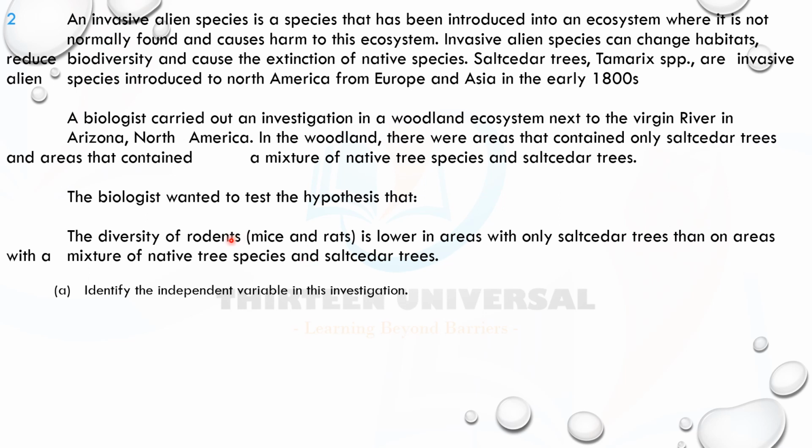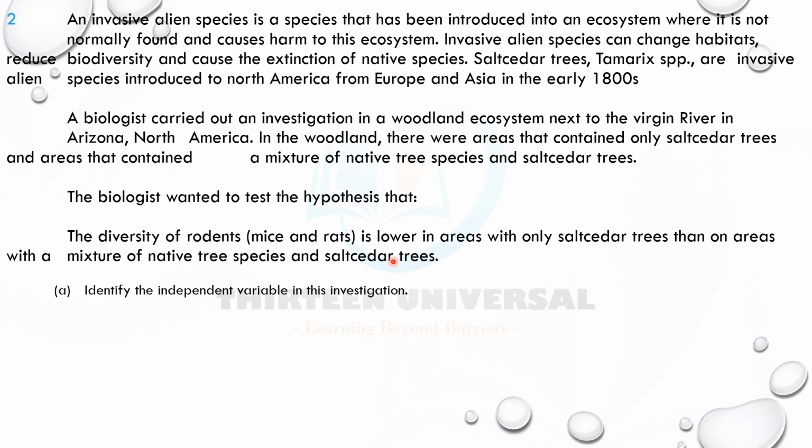Okay, so they want to measure diversity of rodents in areas with only salt cedar trees, all right, they want to check for that. So they're looking at areas with only salt cedar and areas with a mixture of native tree species and salt cedar. So what are we changing here?